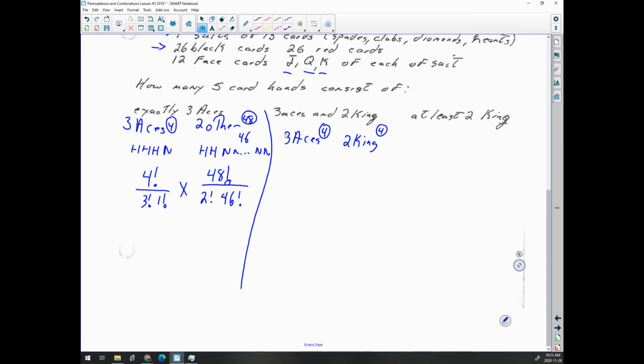We are already dealing with all 5 cards in that hand, so there are 0 others in this case. I'm going to just ignore that, because we filled up the 5-card hand already with the 3 aces and 2 kings.